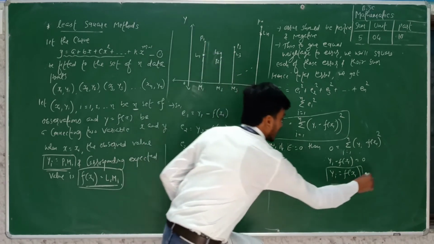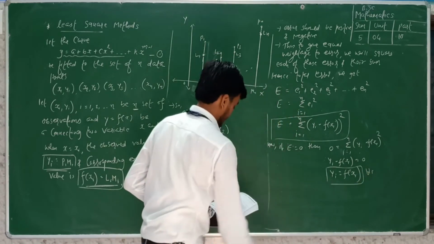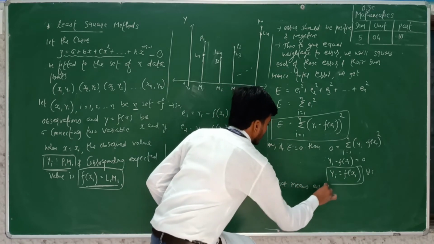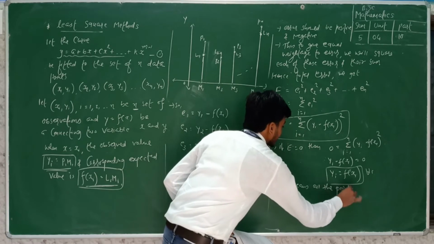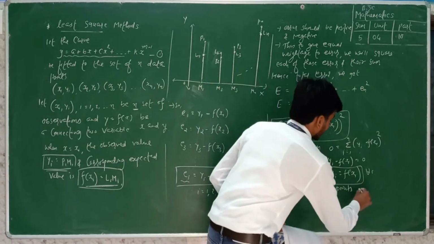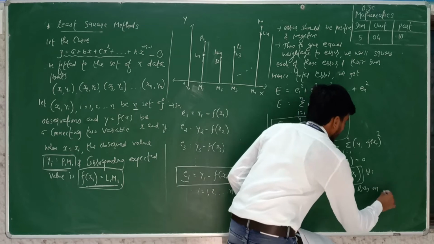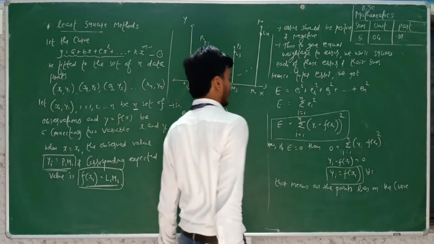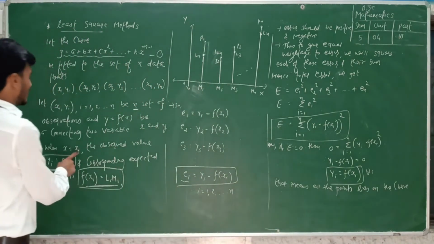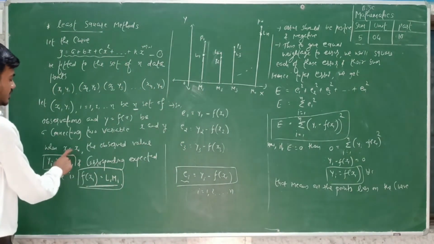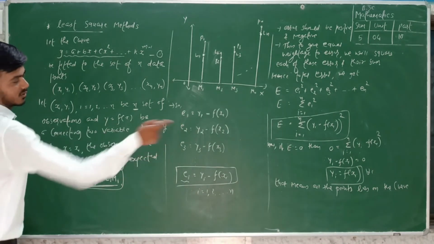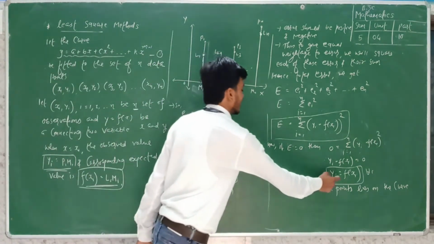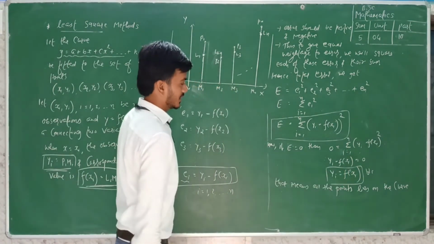For every i, all the points lie on the curve y is equal to f of x. When we put x is equal to x1, we get y1. x is equal to x2, so y2. x is equal to x3, we can get the value of y3. All these points are on the curve.